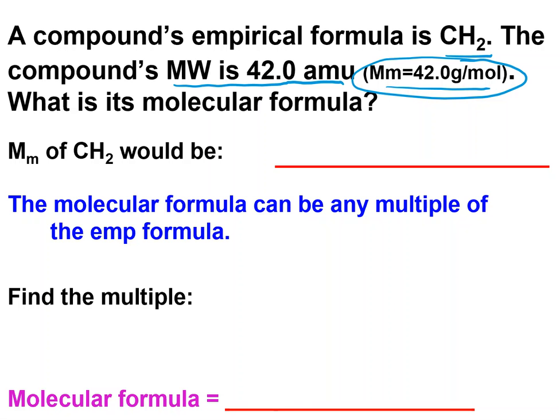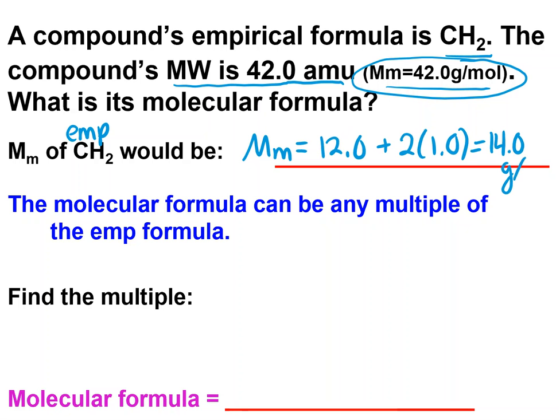So what we can do is take the molar mass of the empirical formula and see what it would be. So add up the numbers on the periodic table. Okay, and then we know that the molecular formula is going to be some multiple of that, the n that we say.